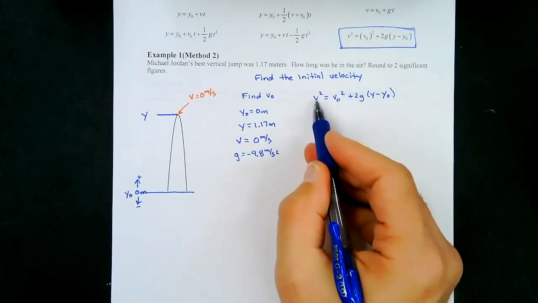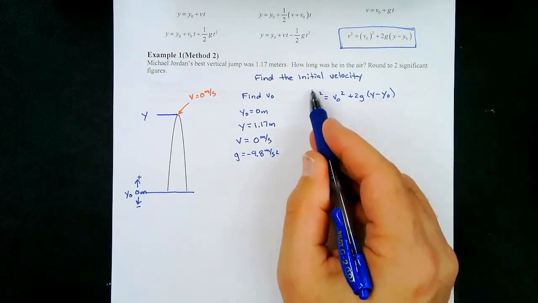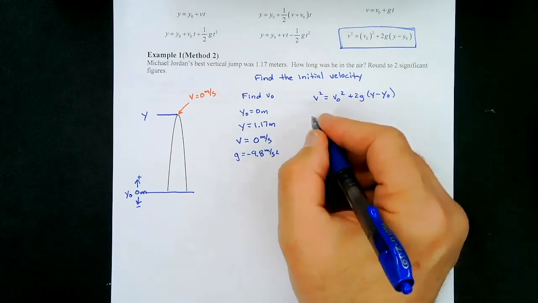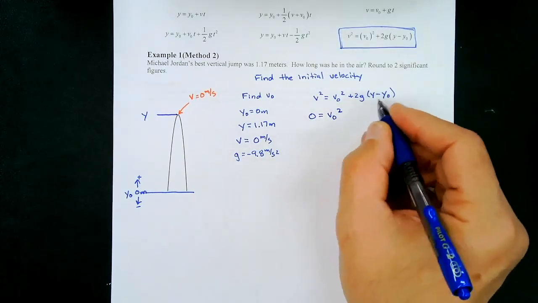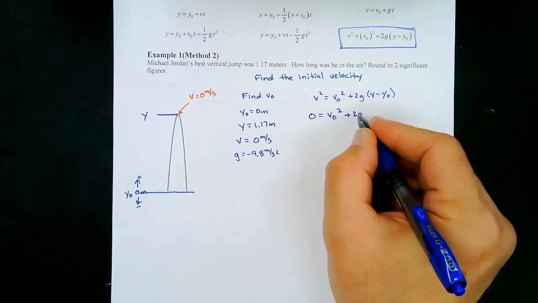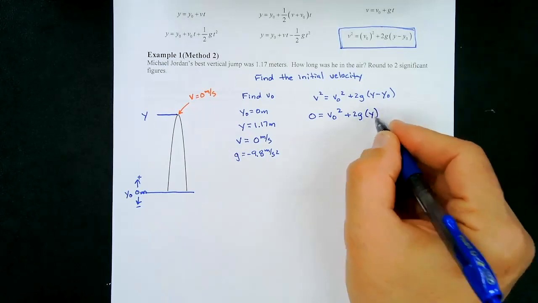Yeah, this one's 0, and my y sub 0 is 0. So I'm going to write this one as 0 equals v sub 0 squared, and then plus 2g. This y sub 0 is 0, so that's just going to be times y.